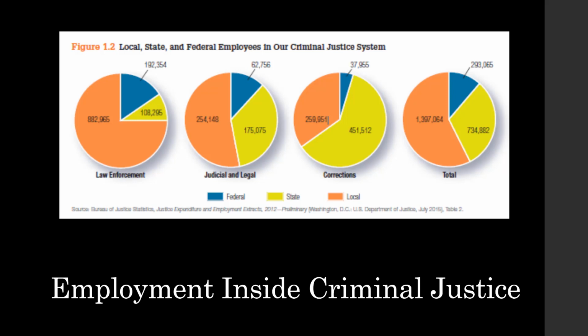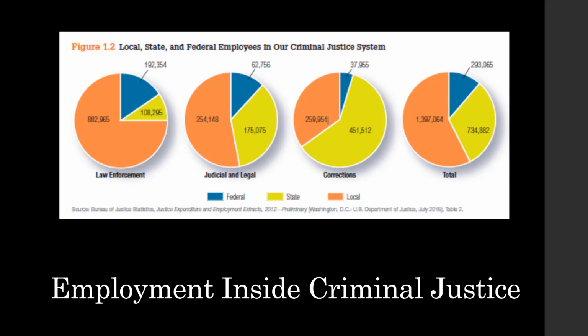If you look at law enforcement, this would be the police. You'll notice the vast majority of police, about 900,000, 882,965, are local cops. Only about 100,000 are state cops, and about 200,000 are federal cops. So by far, 75% or so are your locals.